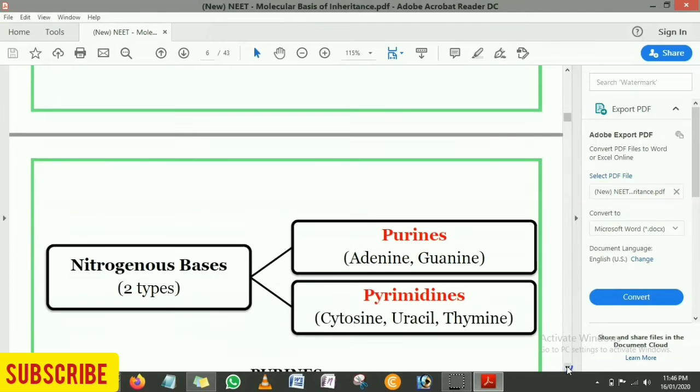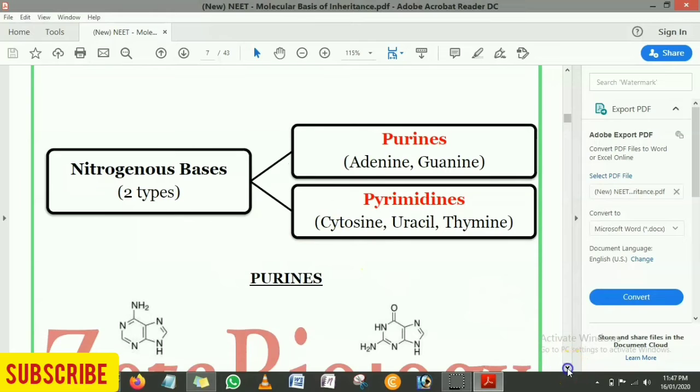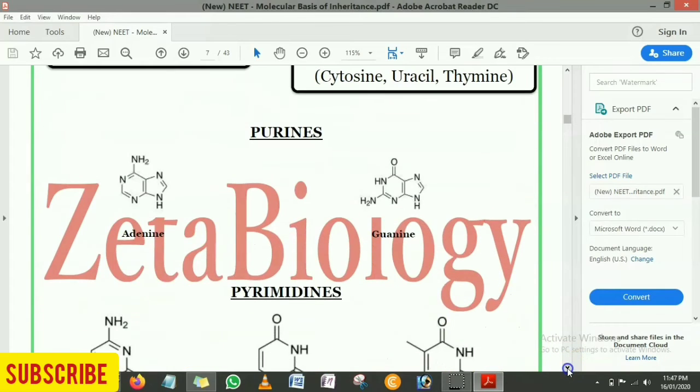And the second component is nitrogenous bases. These are heterocyclic molecules, and these are of two types, as we know, purines and pyrimidines. Purines are adenine and guanine, and pyrimidines are cytosine, uracil, and thymine.